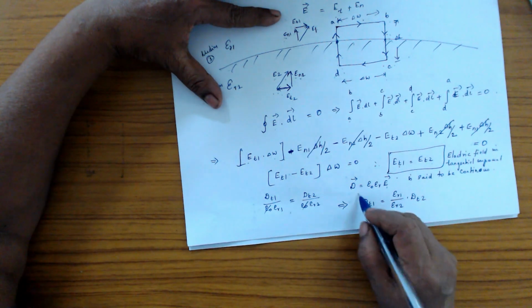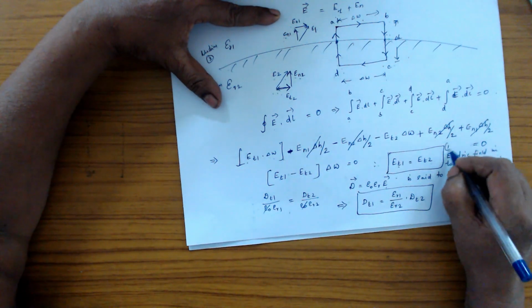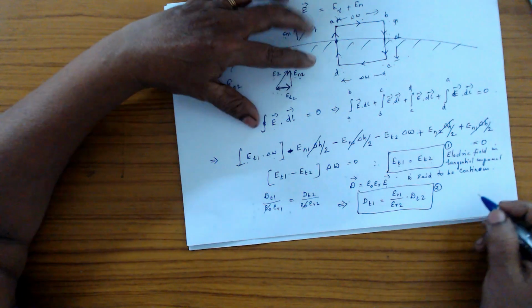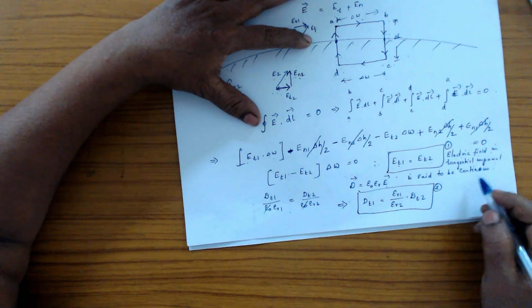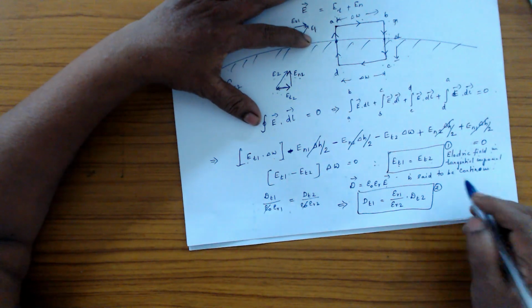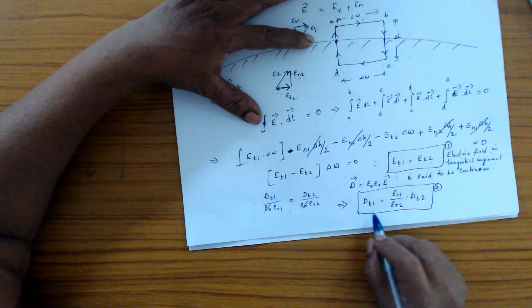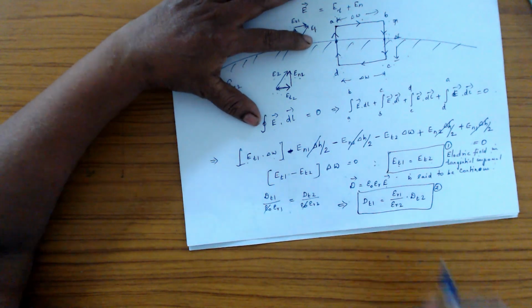This is my second equation, and that was my first equation. What does it show? Though the electric field in the tangential component is continuous, the electric flux density in the tangential component is discontinuous because it is not equal. It depends on the parameters epsilon r1 and epsilon r2.